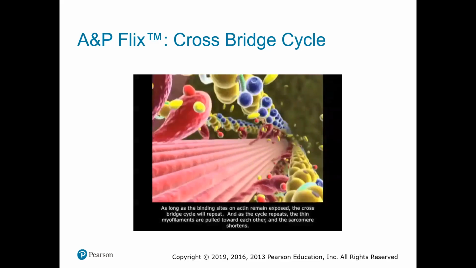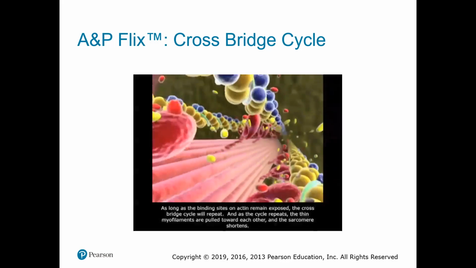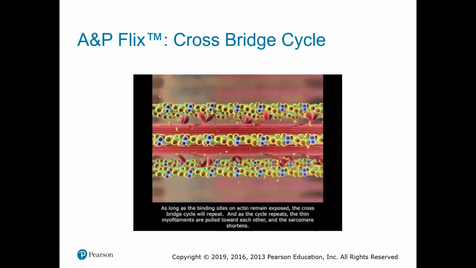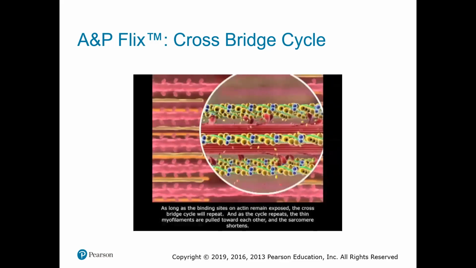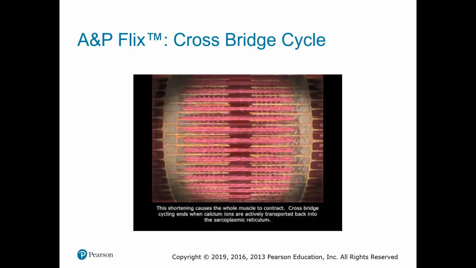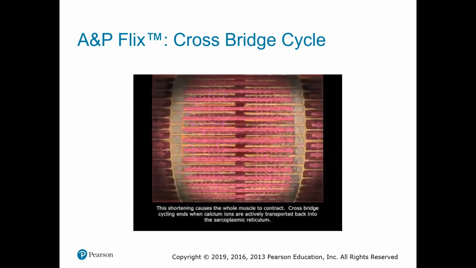As long as the binding sites on actin remain exposed, the crossbridge cycle will repeat. And as the cycle repeats, the thin myofilaments are pulled toward each other and the sarcomere shortens. This shortening causes the whole muscle to contract.